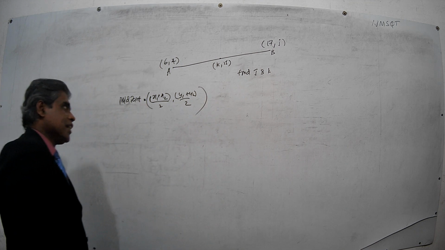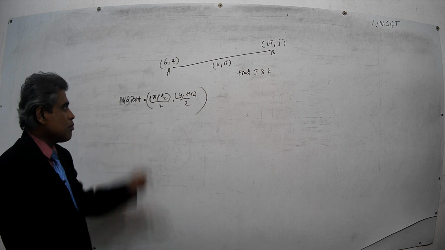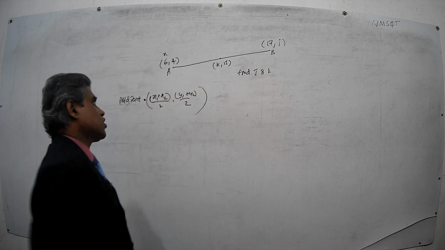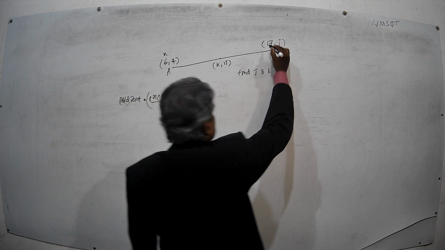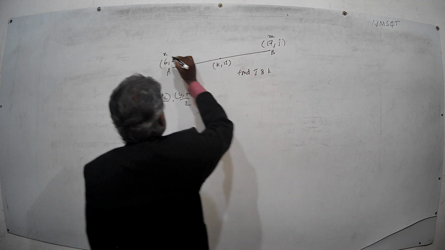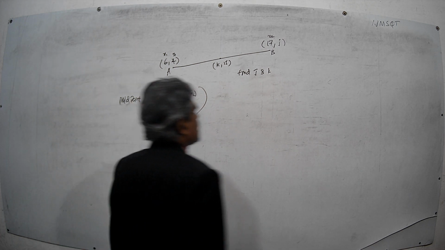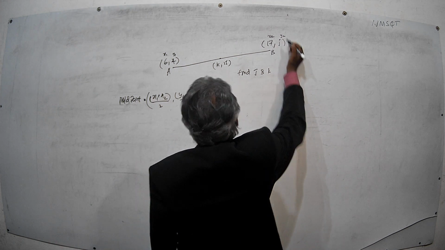These are the X and Y coordinates of the midpoint. X1 is one of the X coordinates of the 2 points, the other is X2. Y1 is one of the Y coordinates of the 2 points, the other is Y2, right? So this is how we find it.